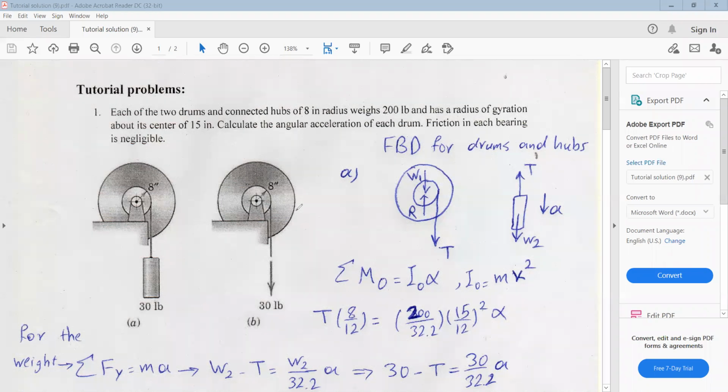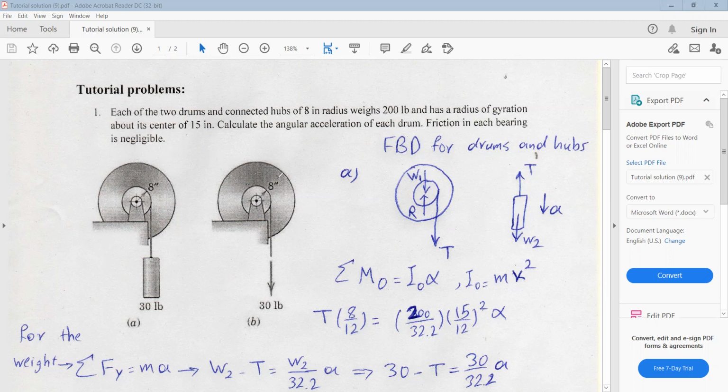Here we have the first problem. We have each of the two drums and connected hubs of 8-inch radius, weight 200 pounds, and has a radius of gyration about its center of 15-inch. Calculate the angular acceleration of each drum and friction in each bearing is negligible.